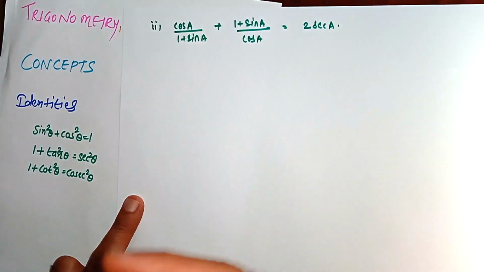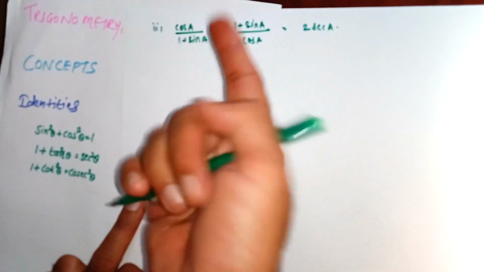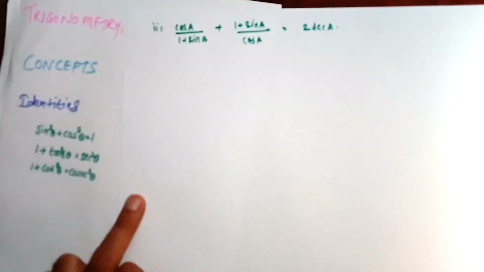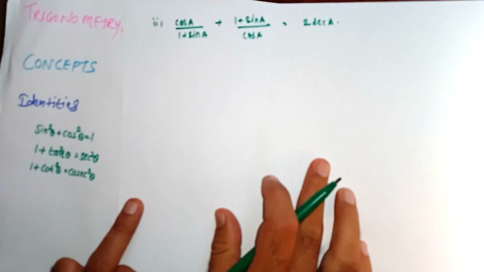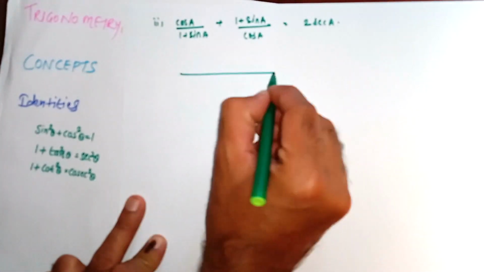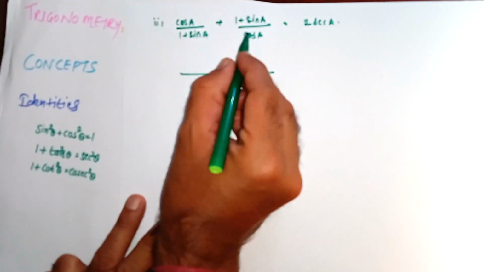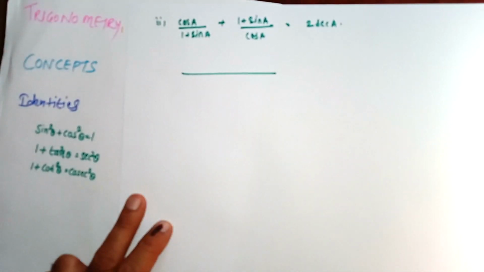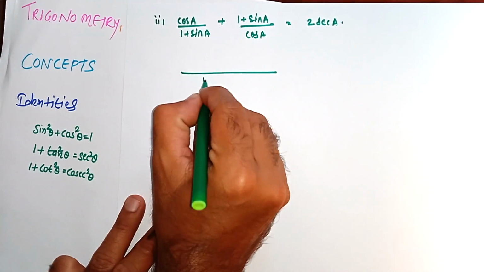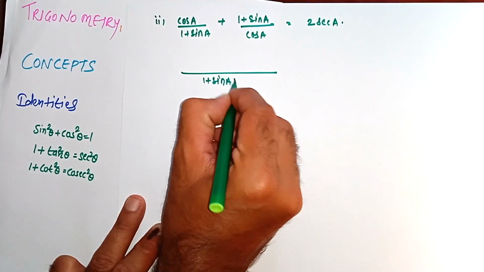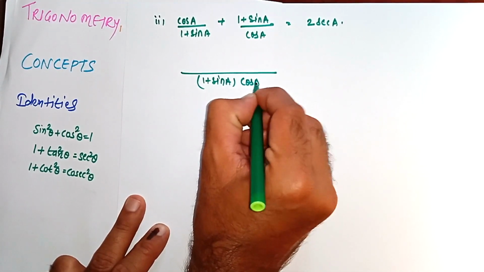Our first step should be to turn the things into sine and cos. As these are already in sine and cos, we must take the LCM of these two. So in the LCM, these two things will come up, which is 1 plus sin A and cos A.